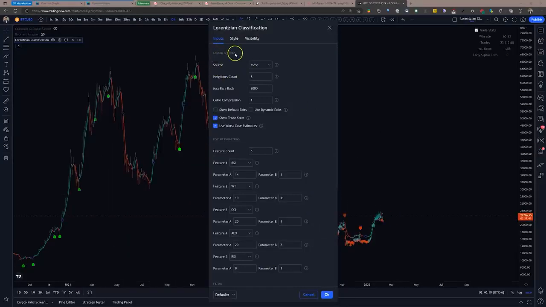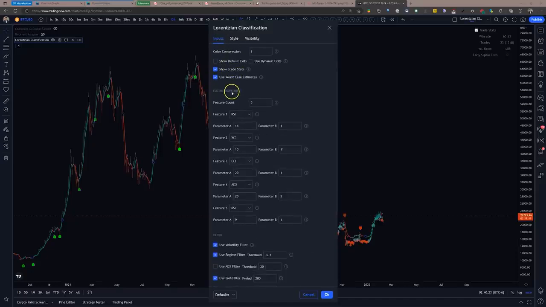There are the general settings, which correspond to the settings that govern the entire indicator. The feature engineering section, where you can really get into the fine tuning of different features that you're using for your model. You could adjust the feature count itself by this toggle right here. Sometimes this can be surprisingly useful.